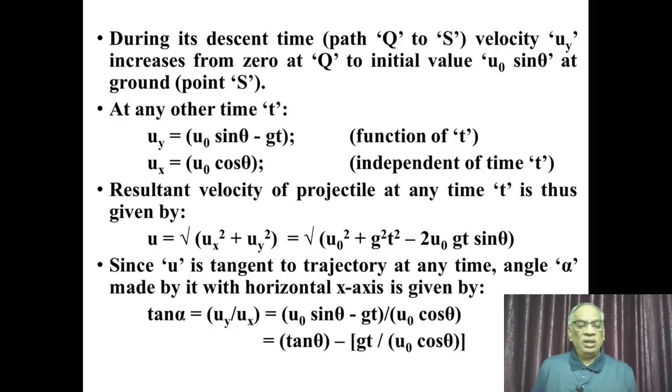That is u naught sin theta minus gt, that is the uy component, by u naught cos theta. So you will get tan theta minus gt by u naught cos theta. This is the angle made by the velocity component at any instant of time with the horizontal x-axis.